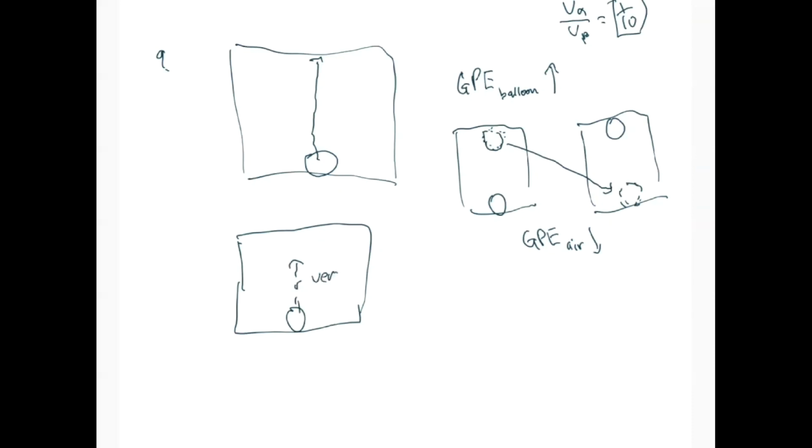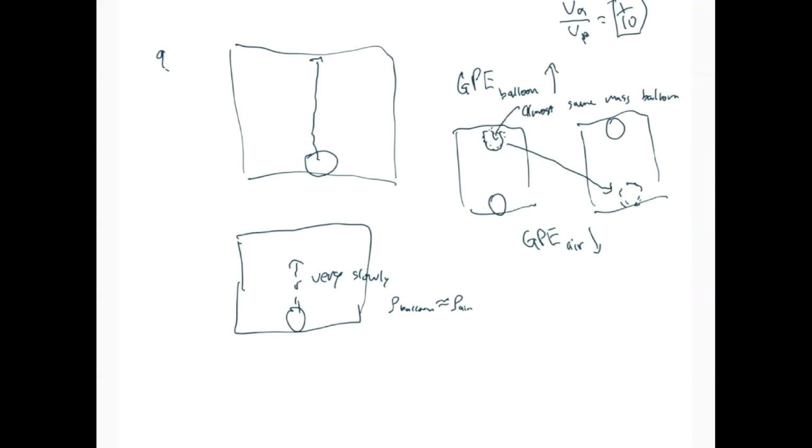This implies that the density of the balloon is approximately equal to the density of air. So this volume of air has almost the same mass as the balloon. Maybe it's slightly more, and that's where the balloon gets its extra velocity from.